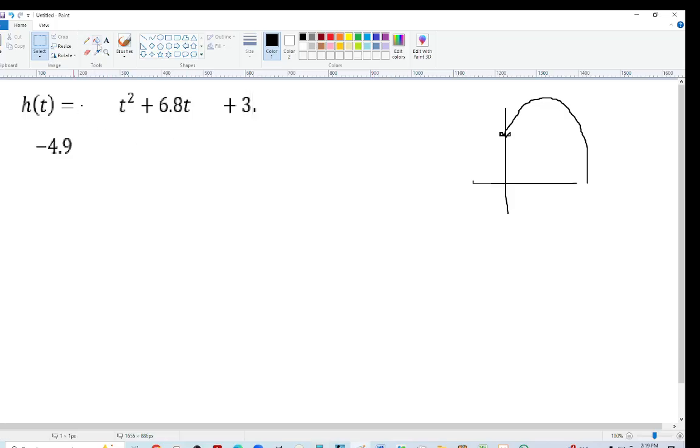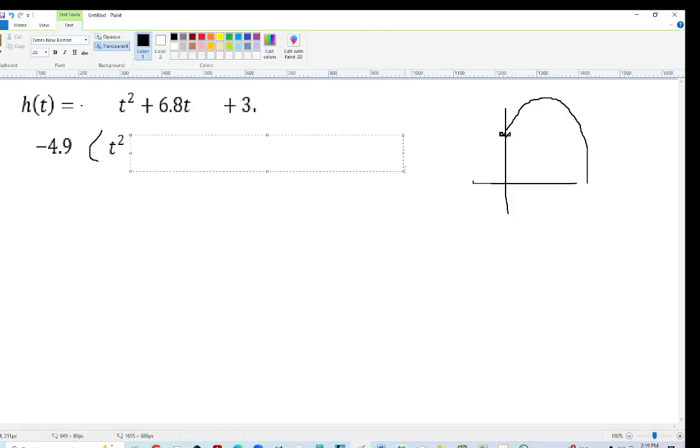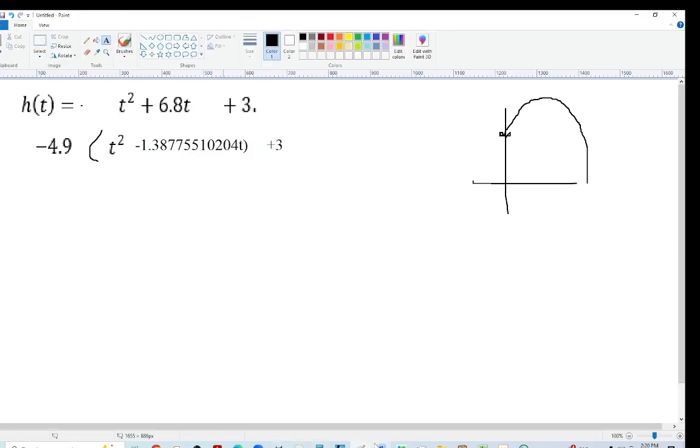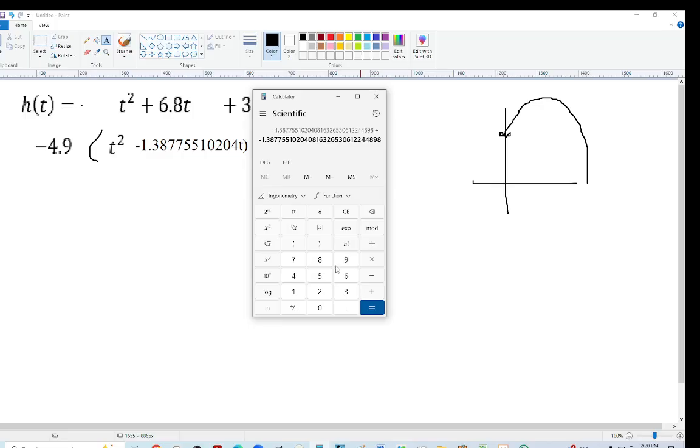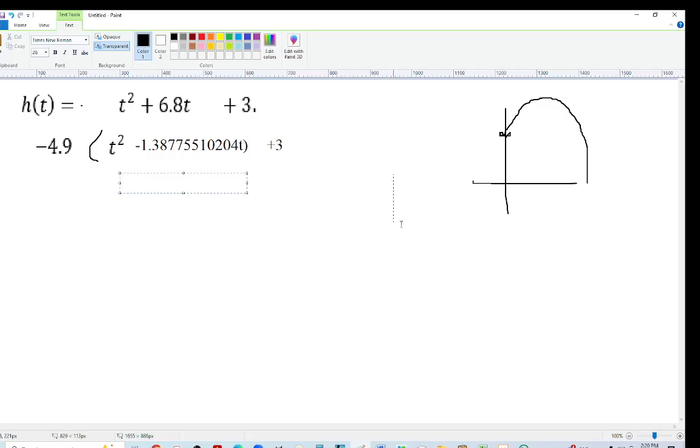So it ends up being t squared minus that t plus 3 over here. And then you got to take the half of that. Helps if you just leave it in your calculator. You get that. And that's the completed square.